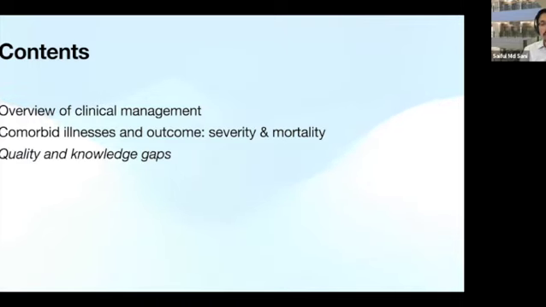In my talk, I hope the audience will consider what quality and knowledge gaps exist within the literature that I shall present. And finally, I would like to suggest the role of the endothelial glycocalyx in dengue and also in the comorbidities that come with dengue.